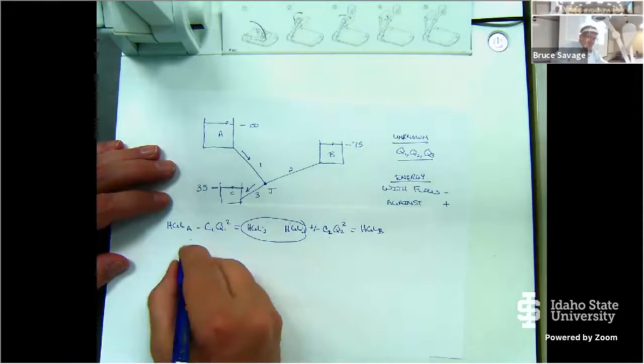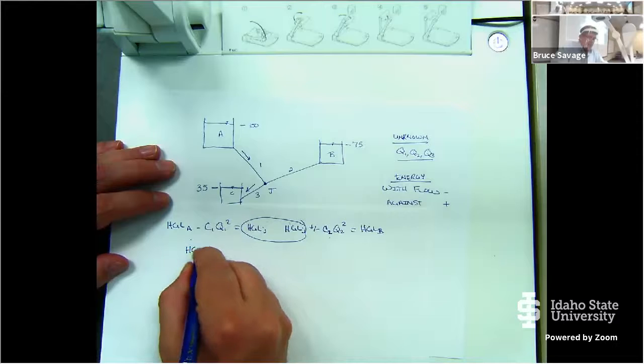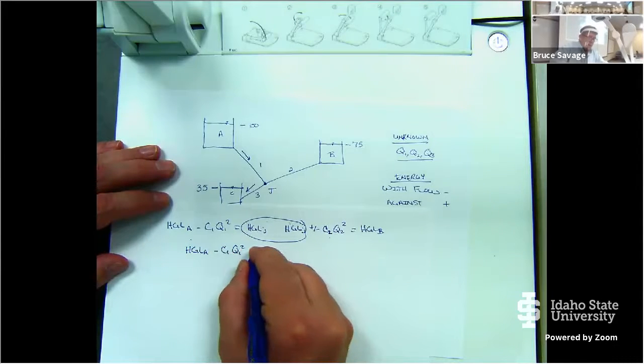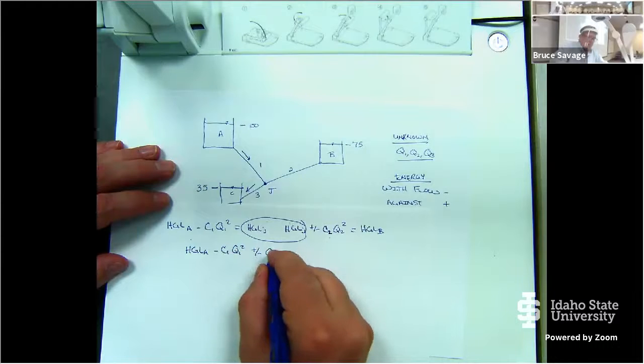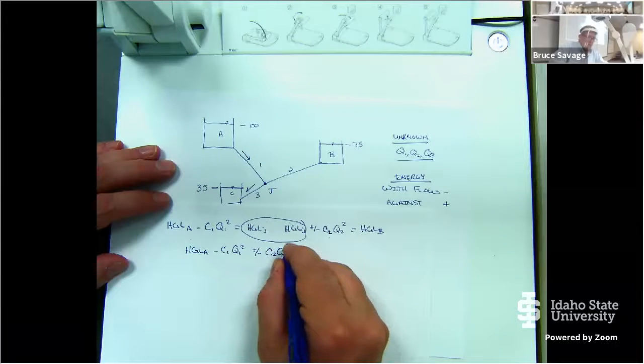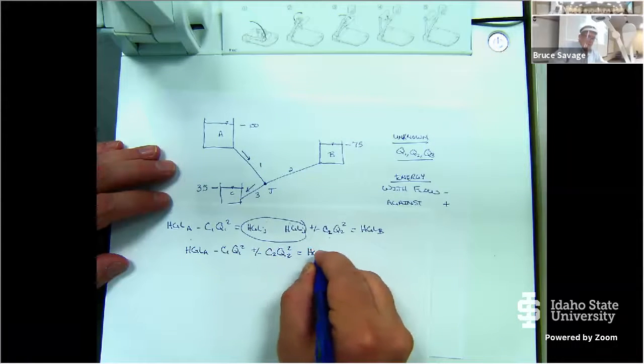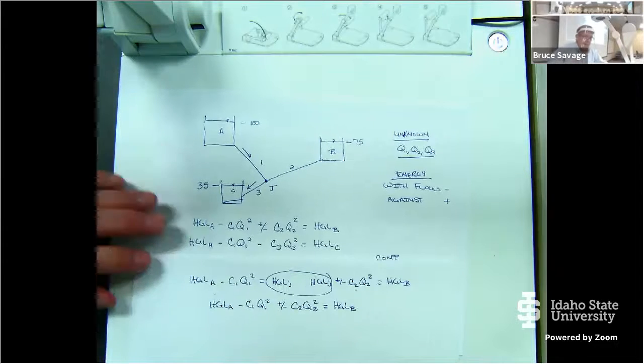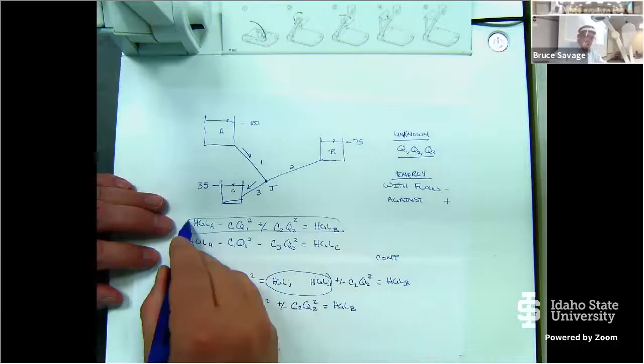No different there. So this equation now becomes the hydraulic grade line at A minus C1 Q1 squared, once again, plus or minus C sub 2 times Q sub 2 squared is equal to the hydraulic grade line at B. And isn't that exactly the one that we have right here?